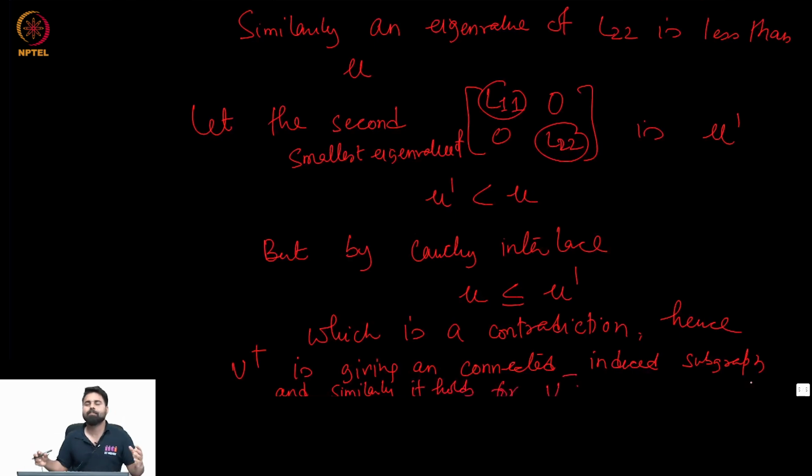So V plus is giving a connected induced subgraph, V minus is also giving a connected induced subgraph. This we can see just by looking at the structure of the Fiedler eigenvector. We will see some examples in our tutorial session or in the assignment.